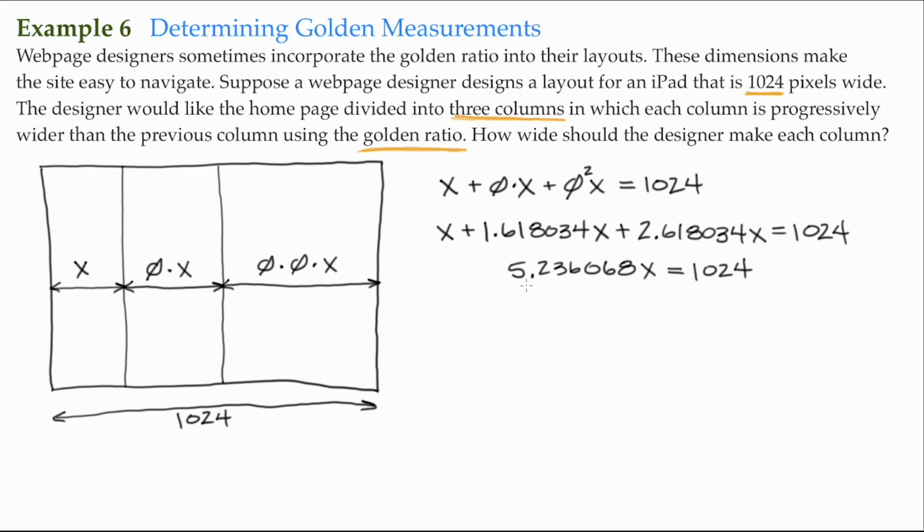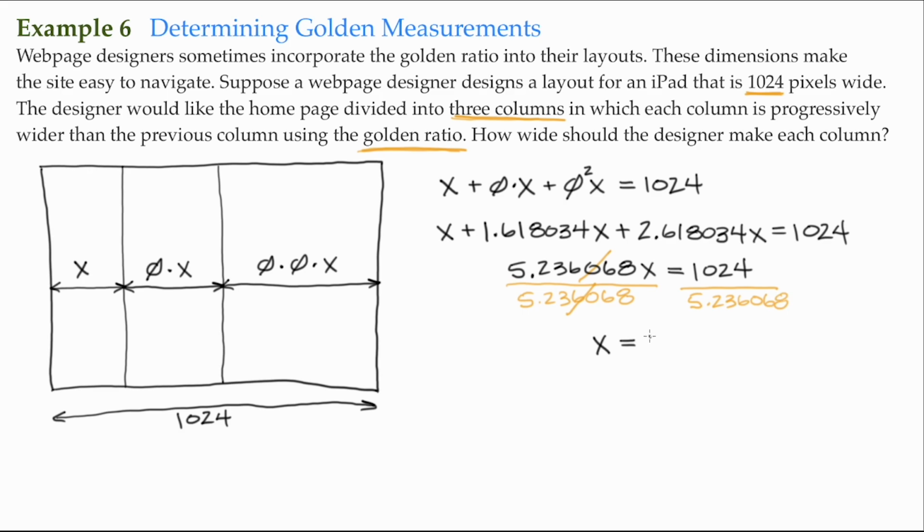Using some algebra, we'll divide 5.236068 from either side. These values will cancel. That's the whole idea. That's why we do it, leaving us with X. So X has got to be equal to 1024 divided by 5.236068.